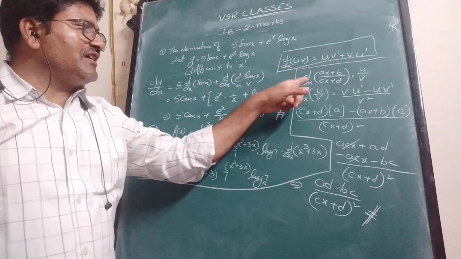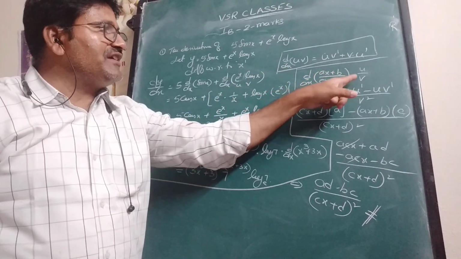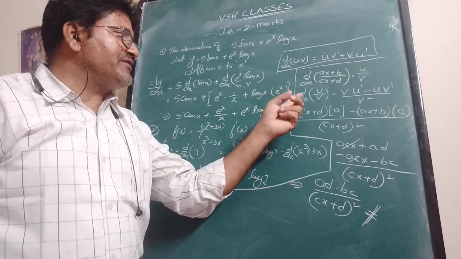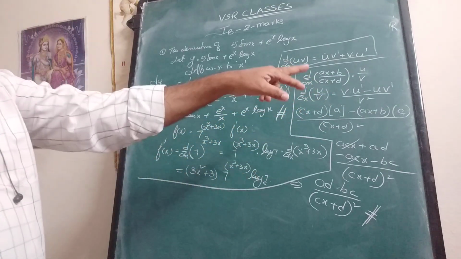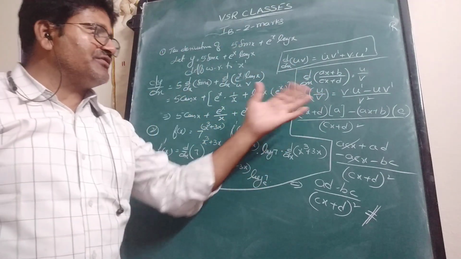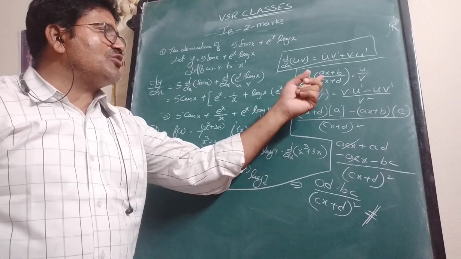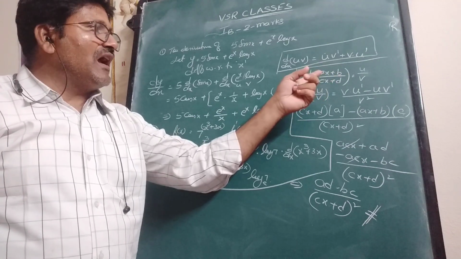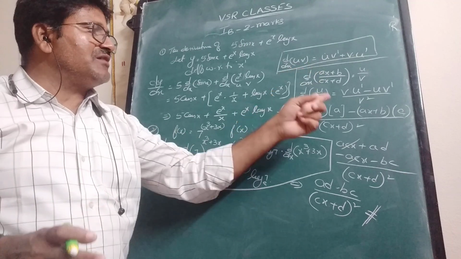And d by dx of ax plus b by cx plus d, we have u by v. It is in the form of u by v. What is that? d by dx of u by v is vu dash minus uv dash by v square. This is the formula for u by v. So cx plus d into derivative of ax plus b. b is a constant, derivative 0, and ax, x coefficient, x derivative is 1, 1 into a will be a.